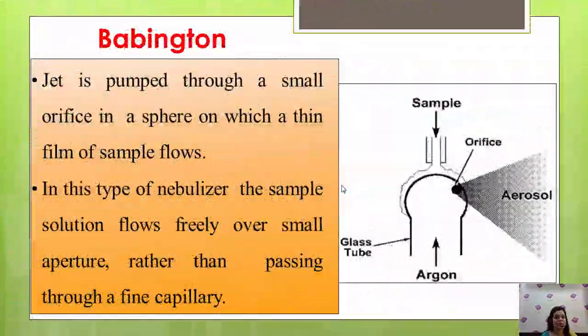This is the Babington nebulizer, where you have a jet of compressed argon gas coming through an orifice in a sphere, on which a thin film of your sample is flowing. In this type of nebulizer, the sample solution flows freely over an aperture rather than passing through a capillary, and then it converts into aerosols.